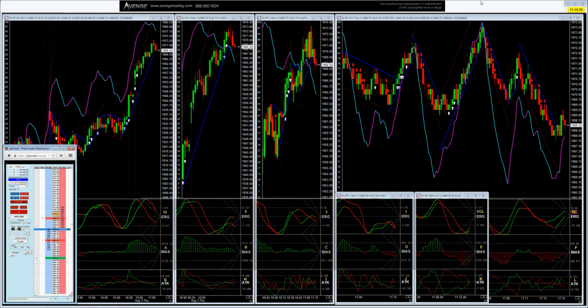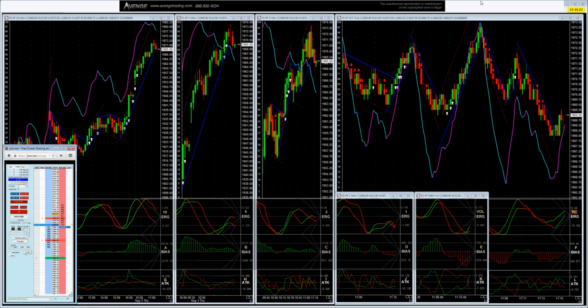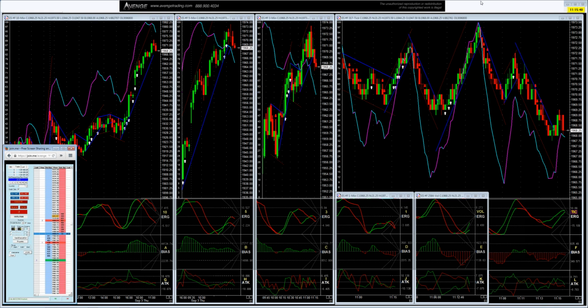We have a pullback in relation to a 10-5 to consider the next red arrow. We are right on the 10-minute channel here, so this is one to watch for.